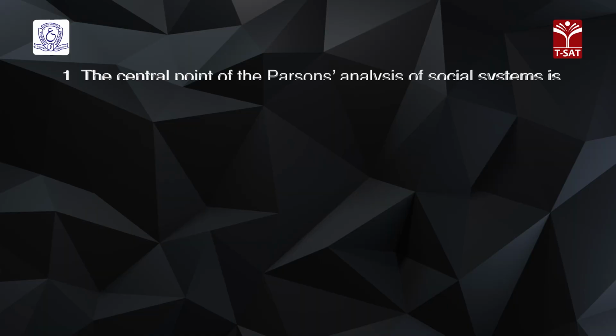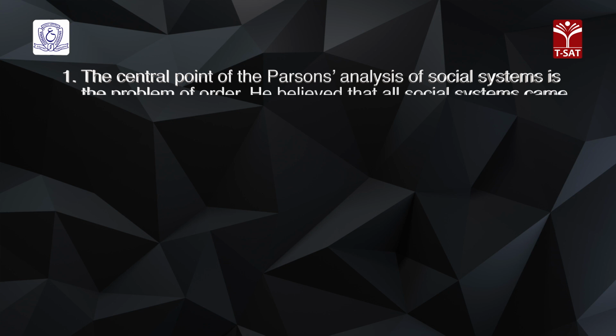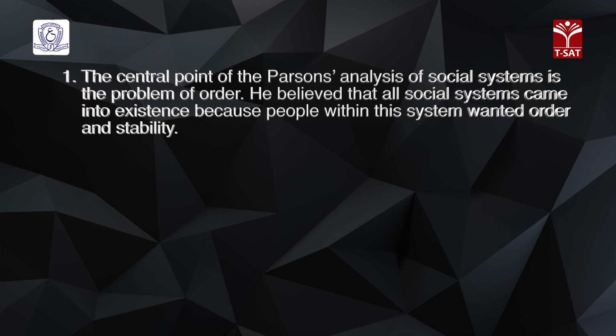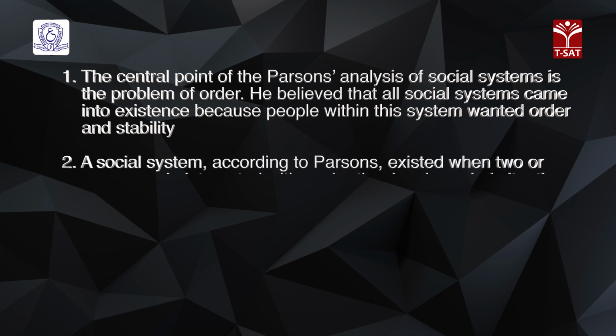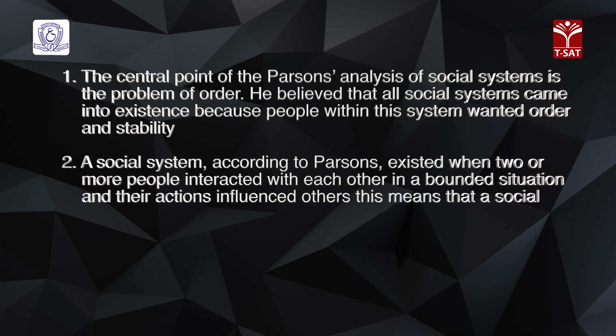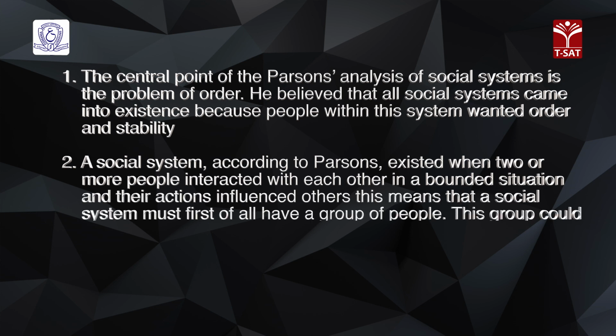The views of Talcott Parsons, the most eminent of the functionalist theorists, are that the central point of his analysis of social system is the problem of order. He believed that all social systems come into existence because people within this system wanted order and stability. A social system, according to Parsons, existed when two or more people interacted with each other in a bounded situation and their actions influenced others.